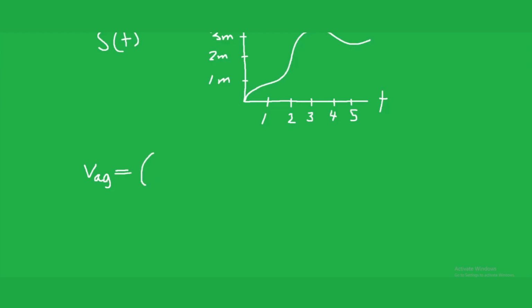V sub avg, avg means average. And this is going to be equal to displacement over time. Or, well, I mean, travel time.